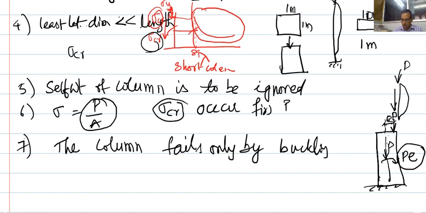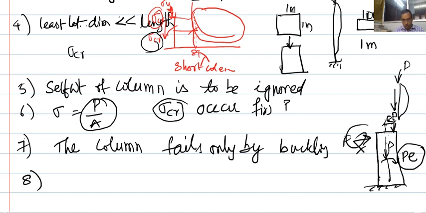See the kind of so many ifs and buts, right. Now, next, the loads are applied at the ends of the column and without eccentricity, that is what it means again. This is also the same thing, maybe buckling without bending, maybe bending. I can also have a lateral load here apart from the axial load, right.